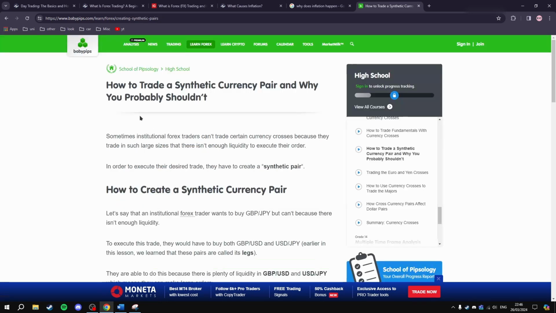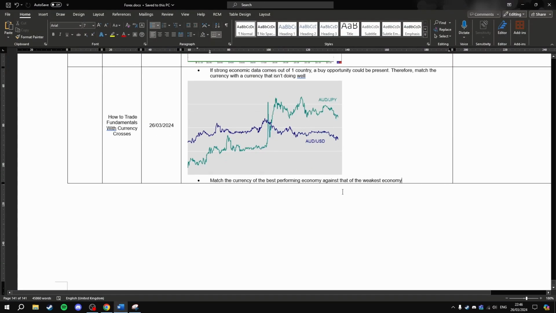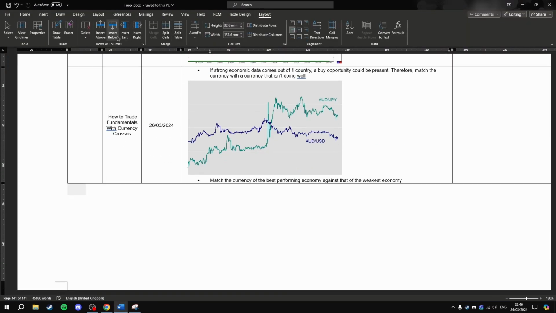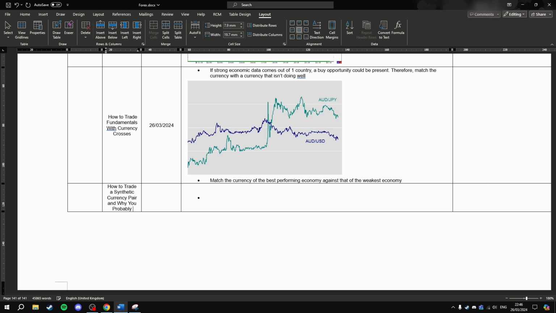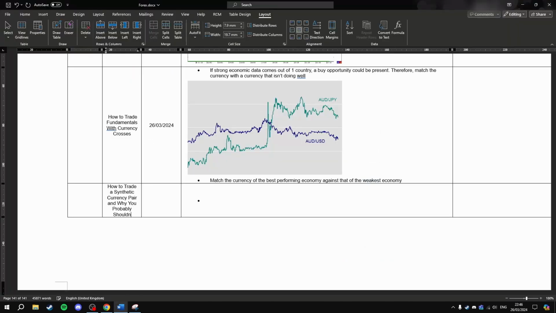How to trade a synthetic currency pair and why you probably shouldn't.